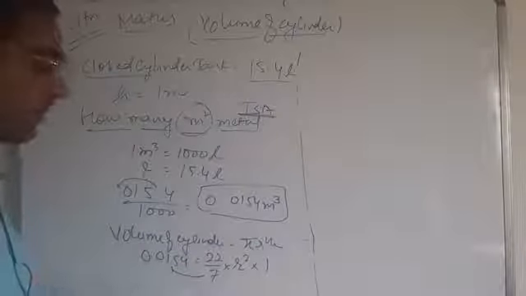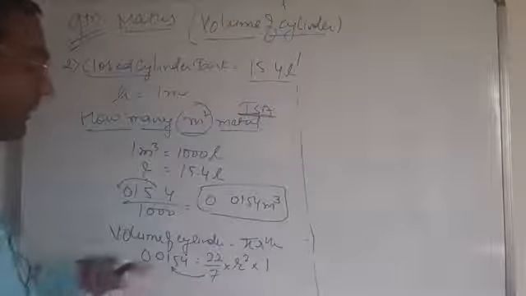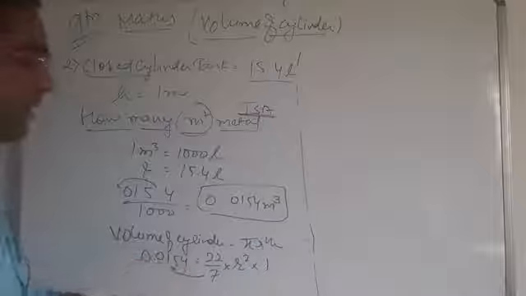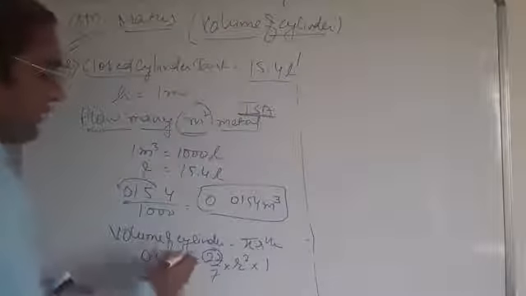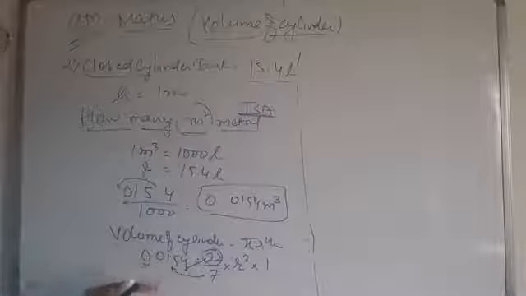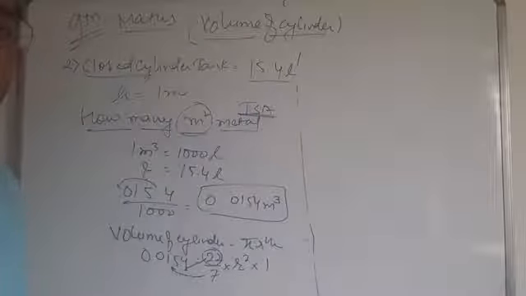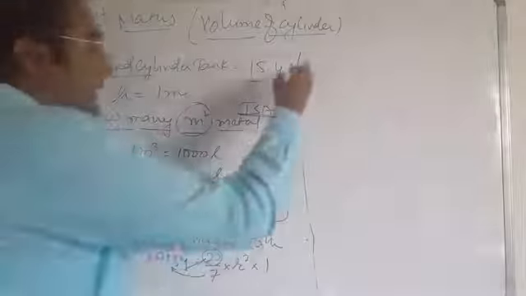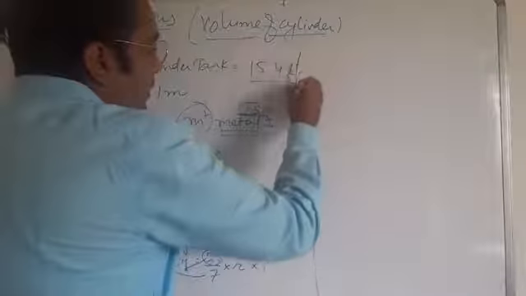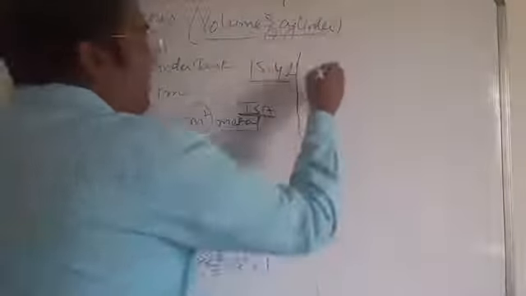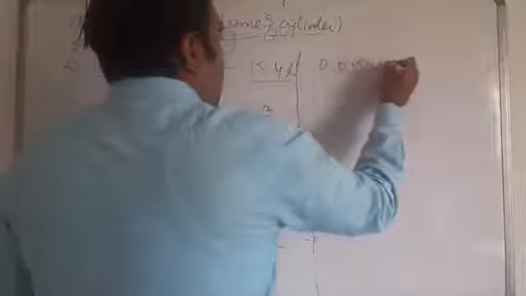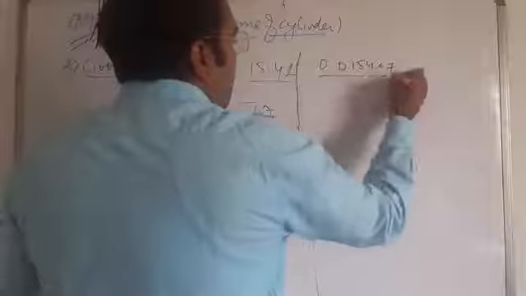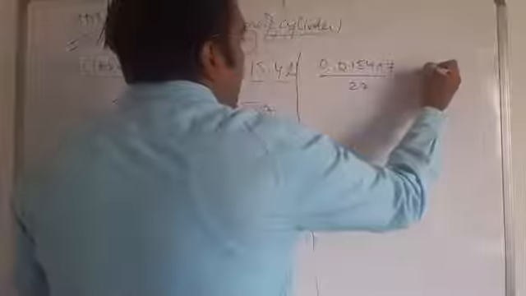It shifts to the second side and gets multiplied with this 154, and 22 is in the multiplication, so it shifts to the second side and is divided into the 154. Now 0.0154 into 7 divided by 22 equals r square.